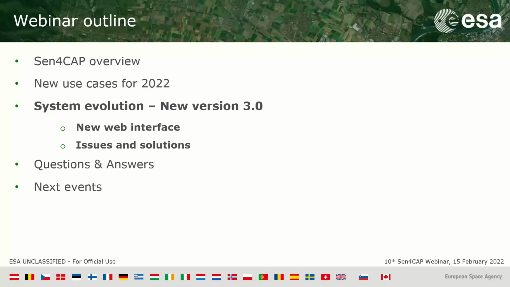I will not close the door because the use cases were selected and we have already started the definitions of the sites, the configurations of the machine, and so on. So it will not be possible to add 10 test sites from now. But if there is a clear wish or request, you can always contact us by email, and we will analyze on a case-by-case basis. But yeah, most of the selection is completed.